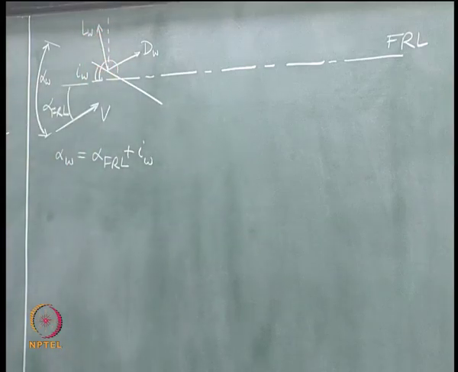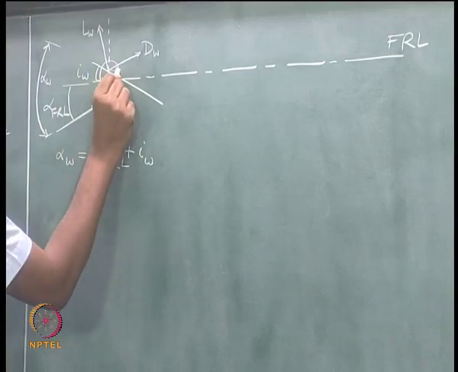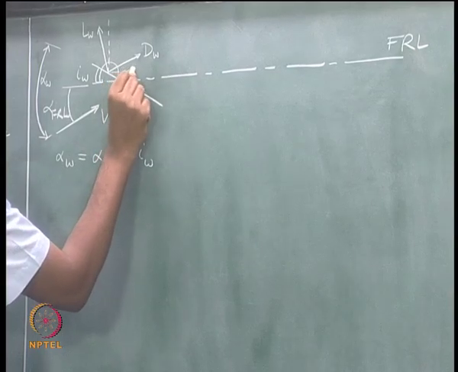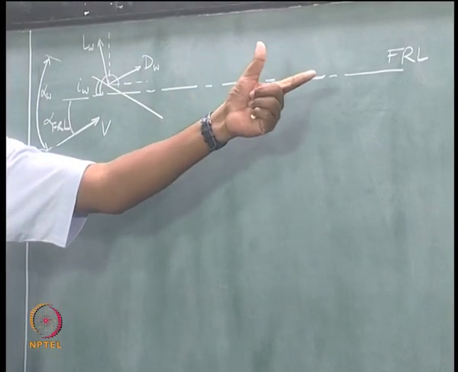Okay, this we have seen in the last class, so I will not go on describing this completely in this class. We will focus on what is happening at the tail, right.